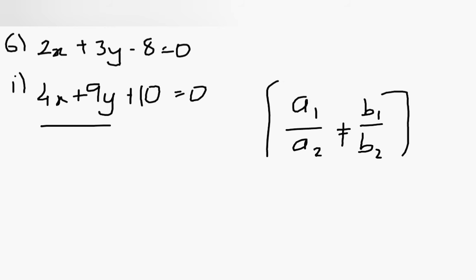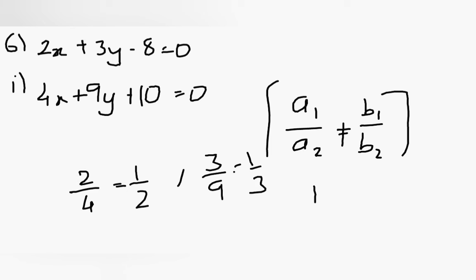Why did I take this? Because 2 upon 4 is 1 upon 2 and 3 upon 9 is 1 upon 3. So 1 upon 2 is not equal to 1 upon 3. Therefore we are correct.